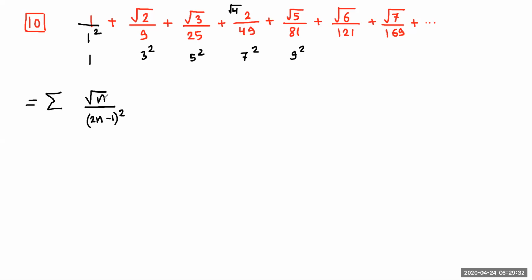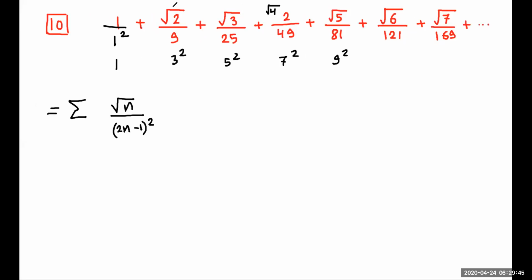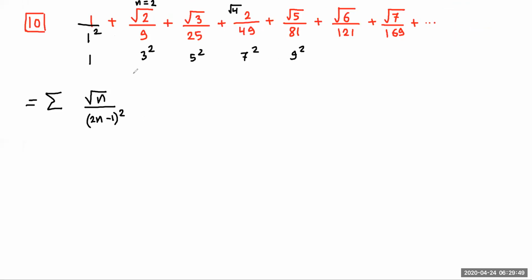Let's give n 1. If I give n 1, I will have up root 1 is 1, down 1 power 2. If I give n 2, I will have root 2 over 3 power 2. I give n 3 here, I will have root 3 over 5 power 2.